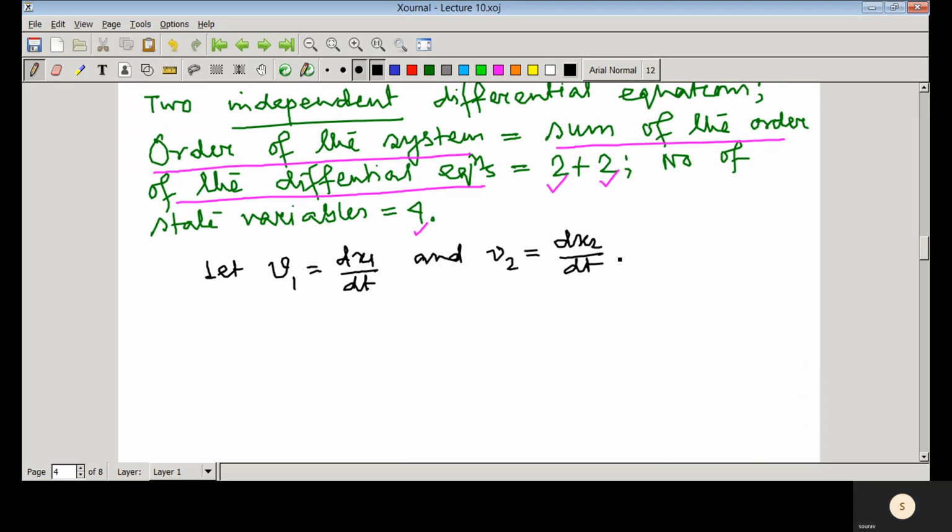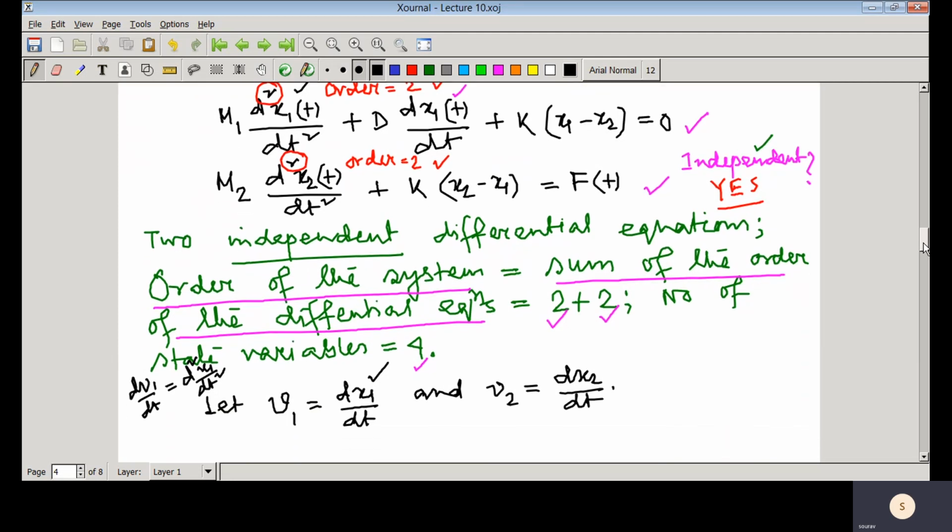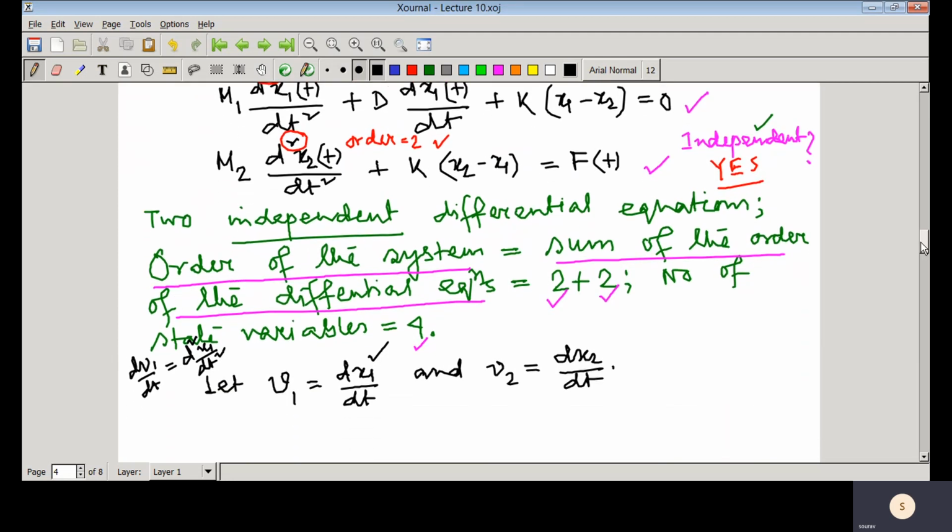Now for the first state variable, you can see that v1 equals dx1 by dt. So if you take dv1 by dt, that would actually be d2x1 by dt2. So the first equation is represented as dv1 by dt.